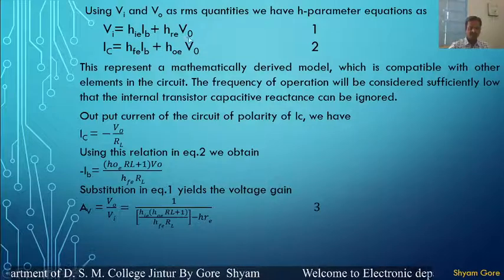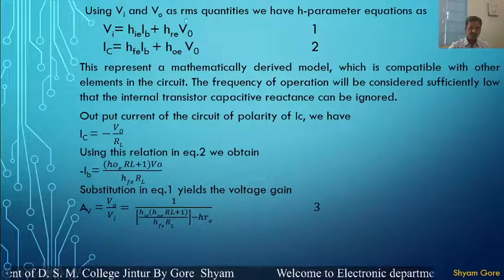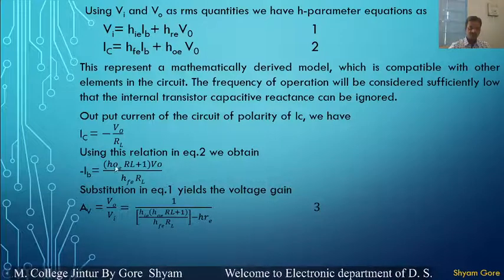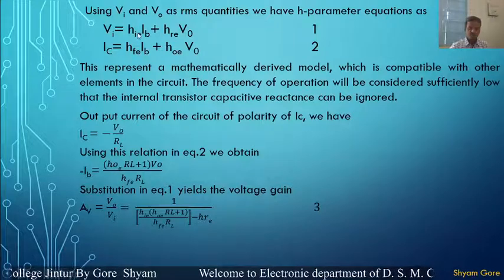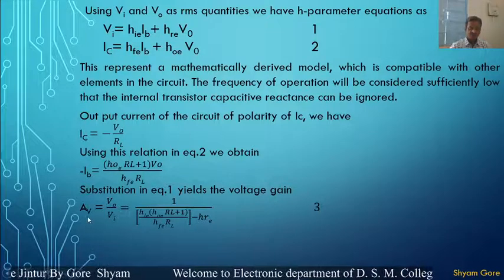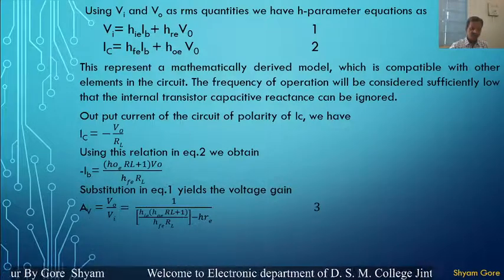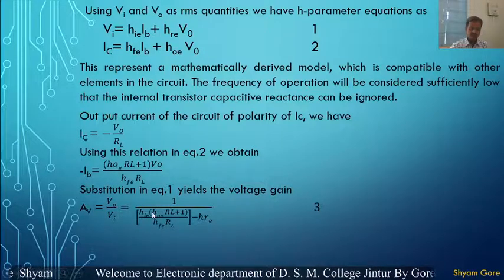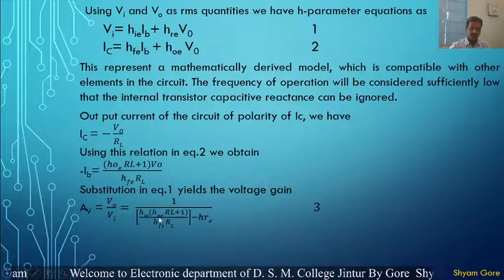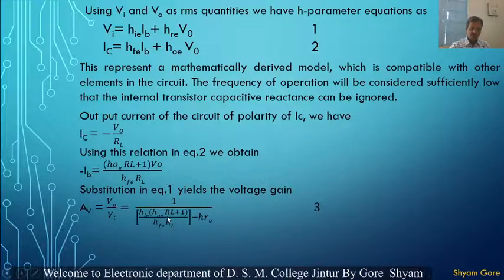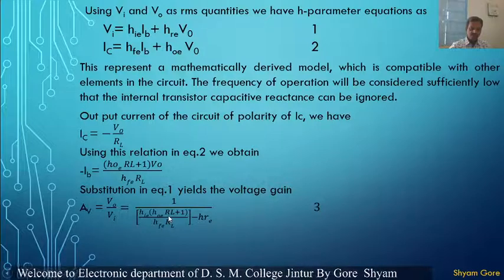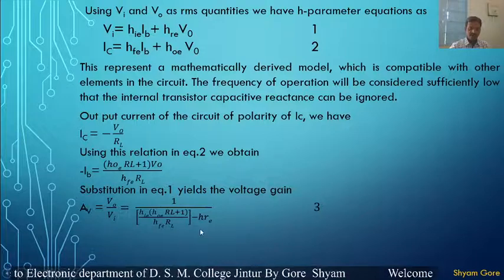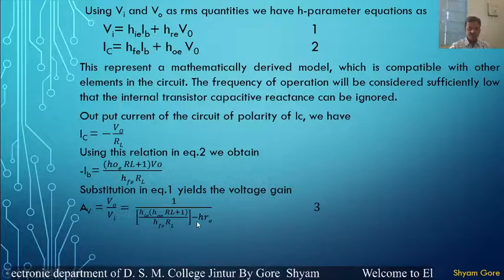When we substitute the value of IB in equation number 1, we get the voltage gain AV equal to VO divided by VI, which is equal to 1 divided by HI into (HOE into RL plus 1) divided by HFE into RL, into minus HRE.